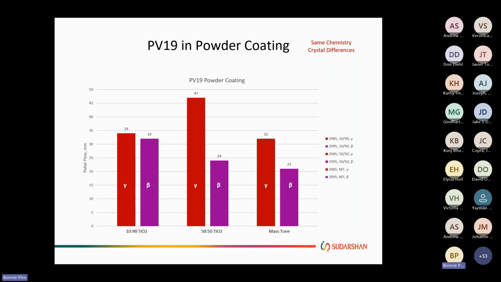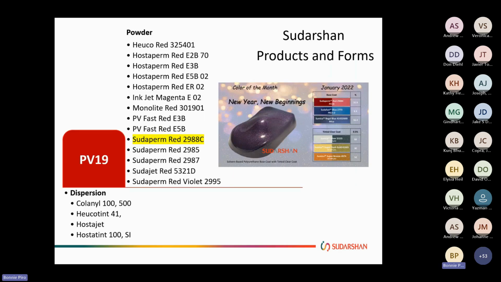So there's some property differences to consider. From a product perspective, we have a number of options available from both sides of the new Sudarshan, and you can see this formulation that was done using the Violet 19 Gamma as a base for that particular formulation.